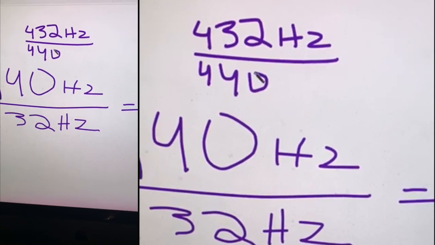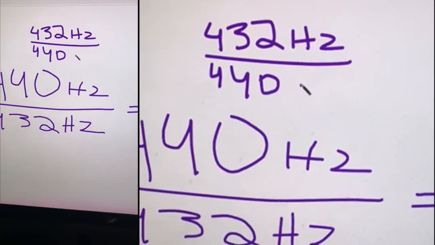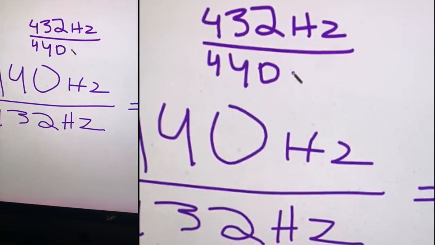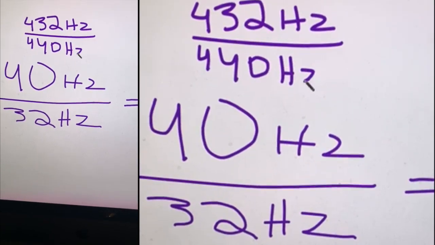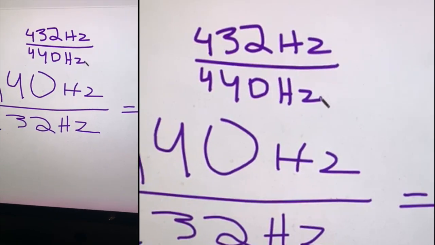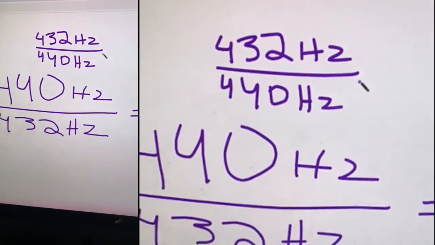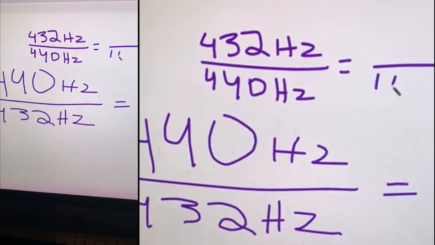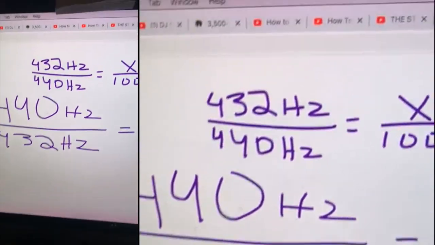The reason I'm doing this is because I'm about to start dropping a lot of synthesizer patches, samplers and synthesizers, and a lot of different tools for musicians. We're going to be dropping a bunch of 432 hertz stuff too. So there are two ways you can do it, and then 100 over X.